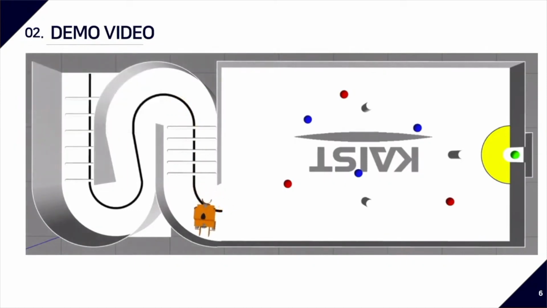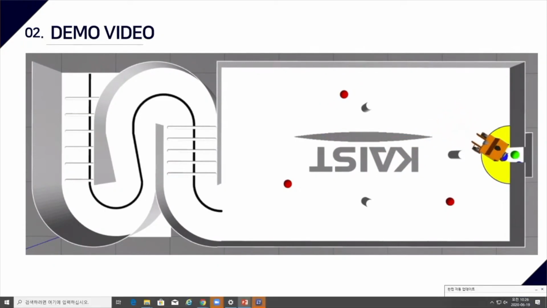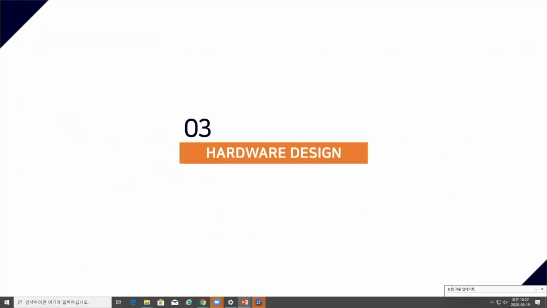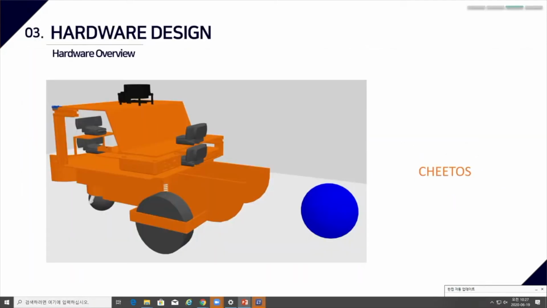When it finishes the line tracing, it starts the ball harvesting. Yeah. So let's look at the hardware design that we did for this project.